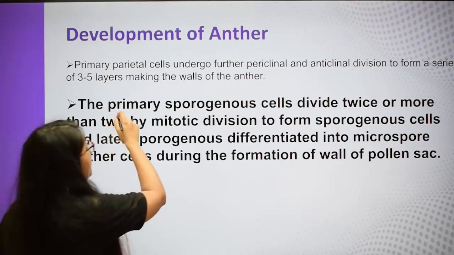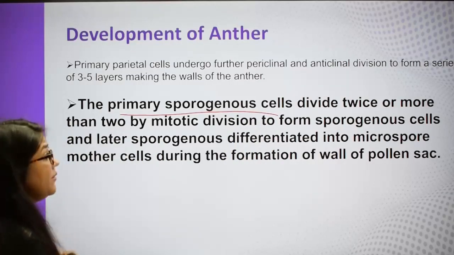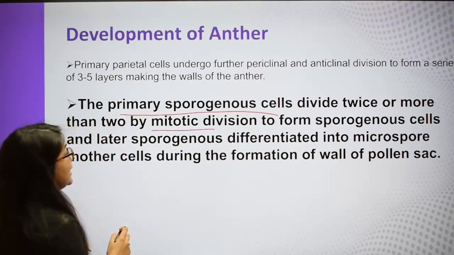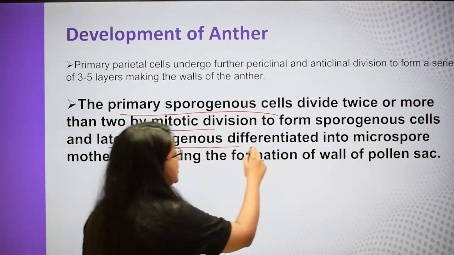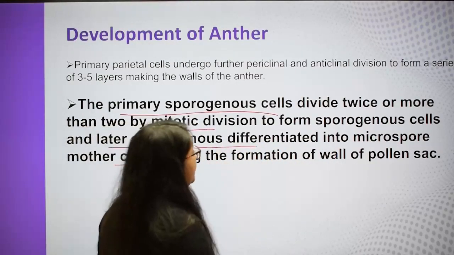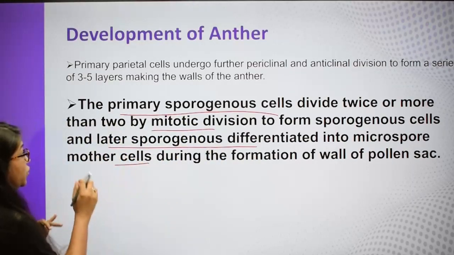Now moving on to primary sporogenous cells. The primary sporogenous cells divide twice or more than twice by mitotic divisions to form sporogenous cells, and later the sporogenous cells differentiate into microspore mother cells during the formation of the wall of the pollen sac. So what is this story about?